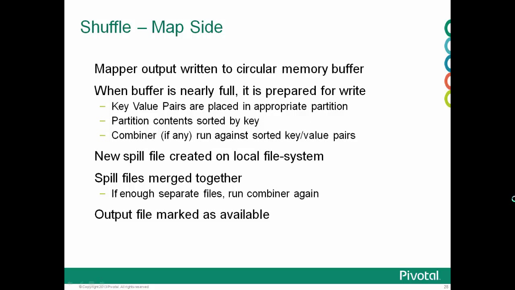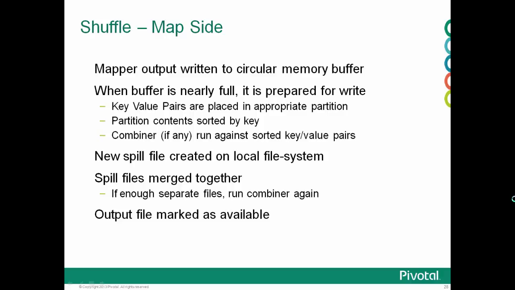As far as shuffle and the activities that take place on the mapper side, mapper output is generally written to a circular memory buffer. When that buffer is nearly full, it's prepared for write. The key value pairs that have been generated by the mapper are placed in an appropriate partition.